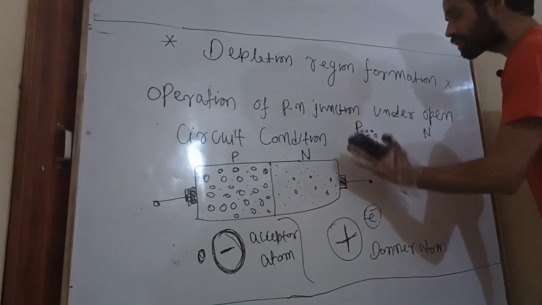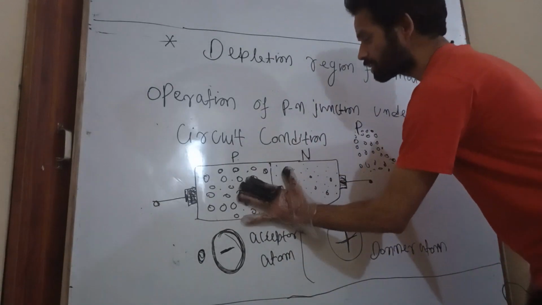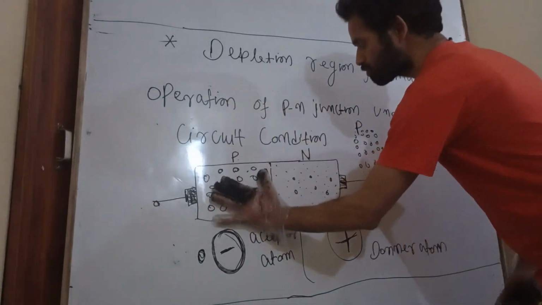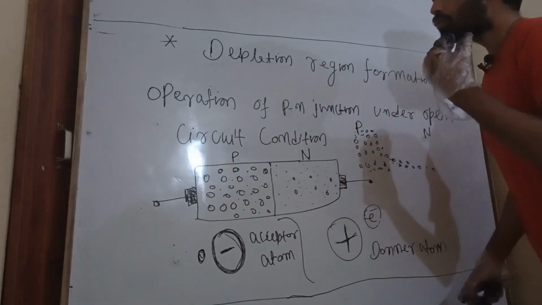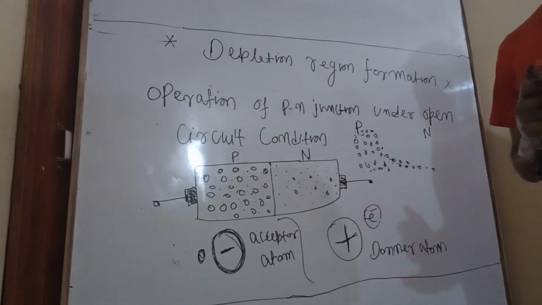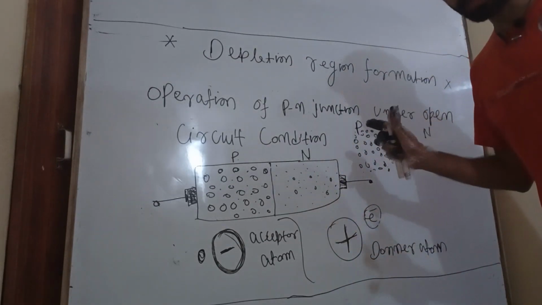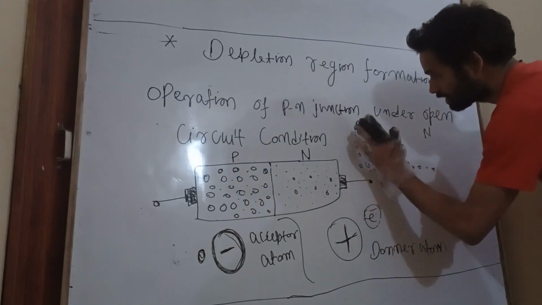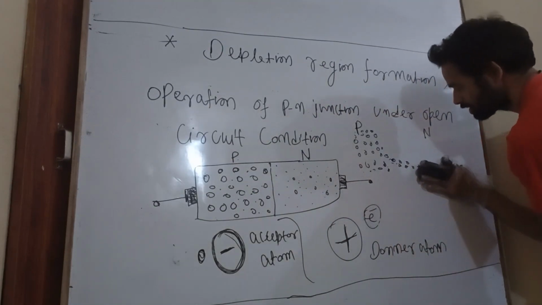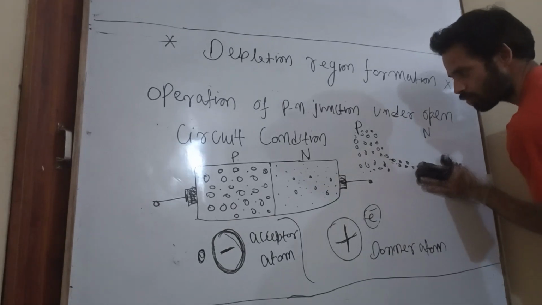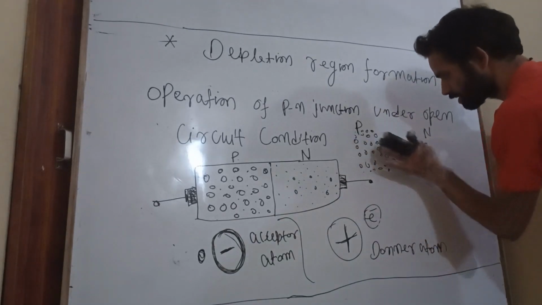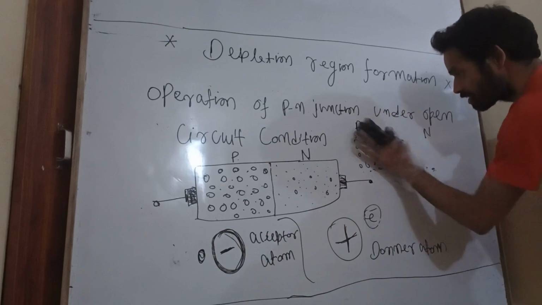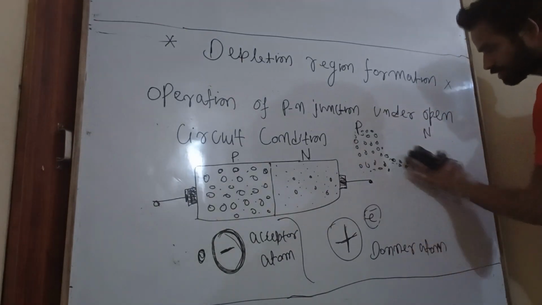This diffusion process happens only when there is a difference in concentration. The concentration in this region is very high and in this region is very low, so there is a difference in concentration.